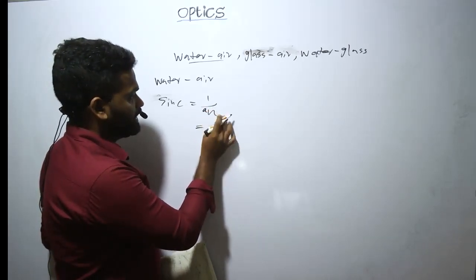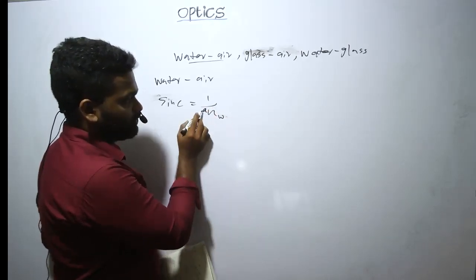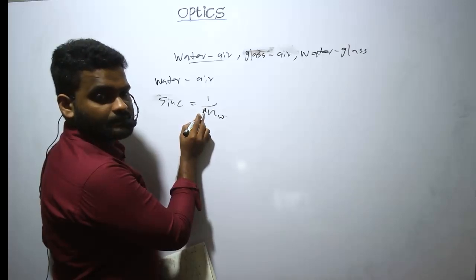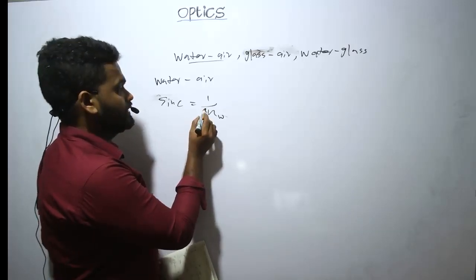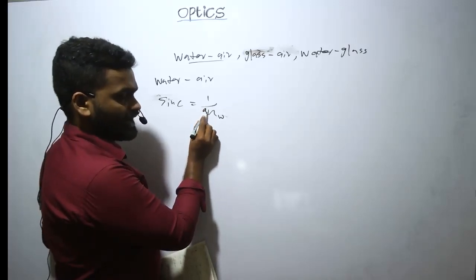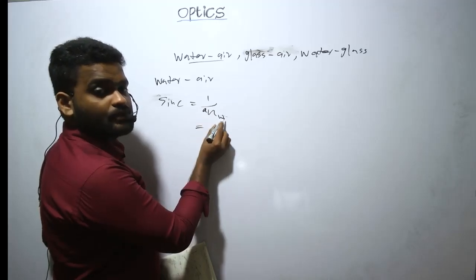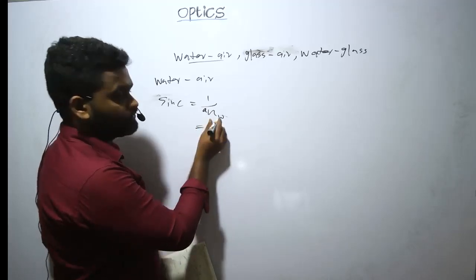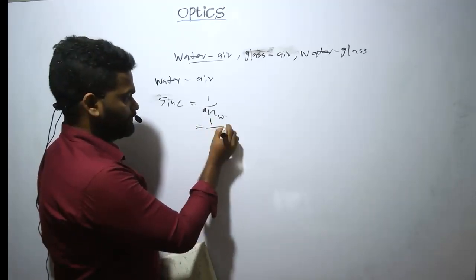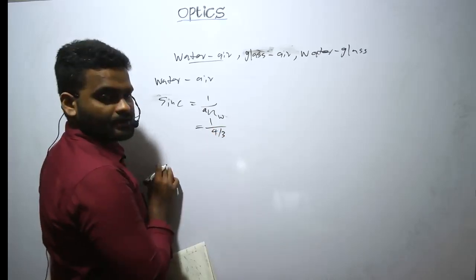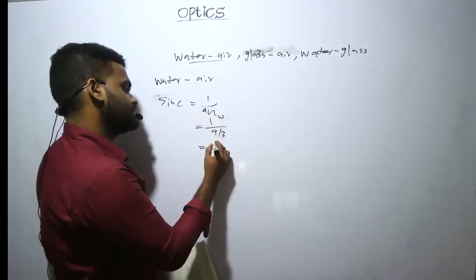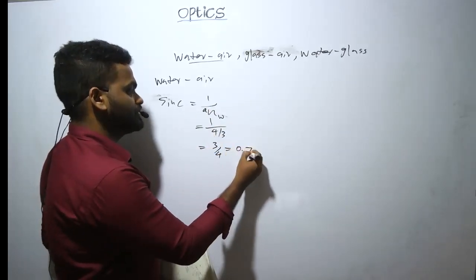Here you have air and here you have water. It is actually the absolute refractive index of water, which is 4 over 3, so 0.75.